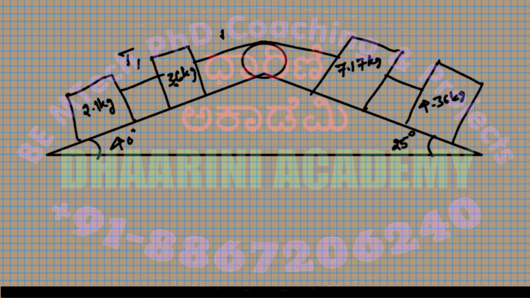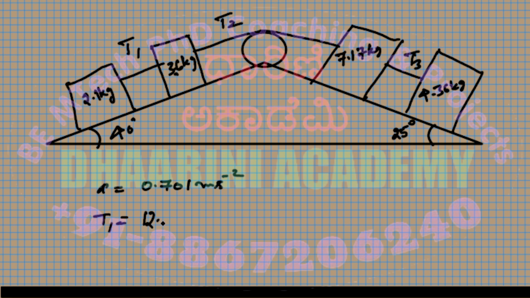Question is to find the tensions T1, T2, and T3 of this given system. Okay, when we solve this, we get acceleration A is equal to 0.701 meter per second square. All right, T1 equals to, okay, T2 is equal to 61 Newton, and T3 equals to 33.87 Newton.